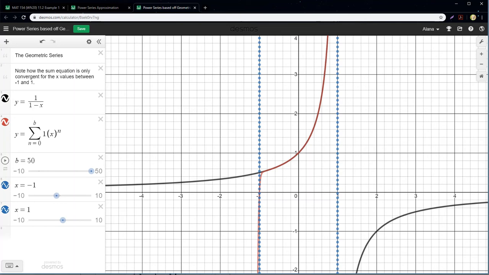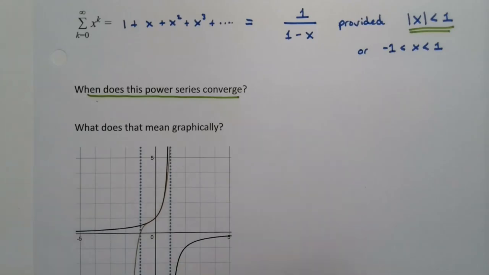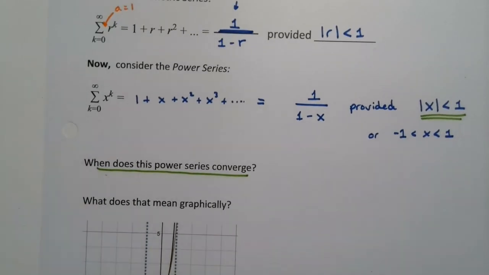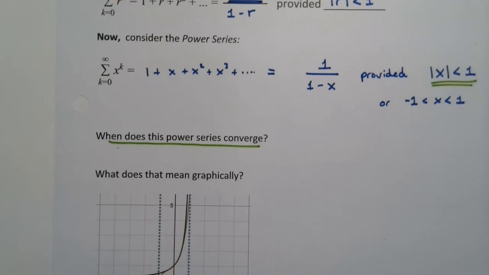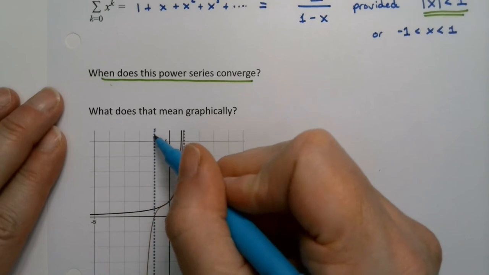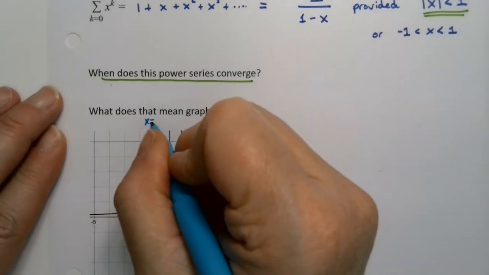It's not going to work over here on the left, right? The power series does not help us over there. And the power series does not help us on the right, but it will help us in the middle, between those two blue lines. And that's what we just said right here. We said it had to be between -1 and 1, because those are the values. So drawing that on our picture, just to make sure this is clear, over here, that line is x equals -1.